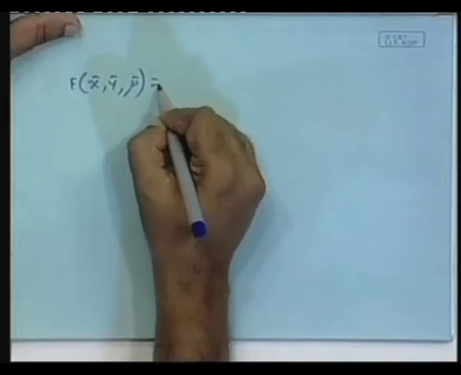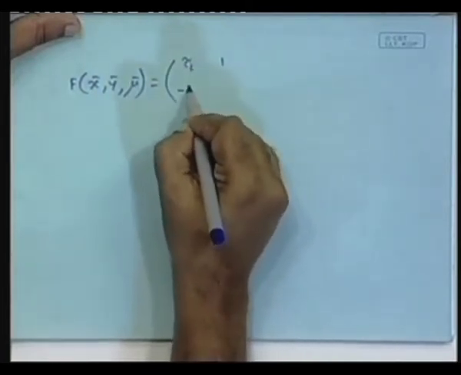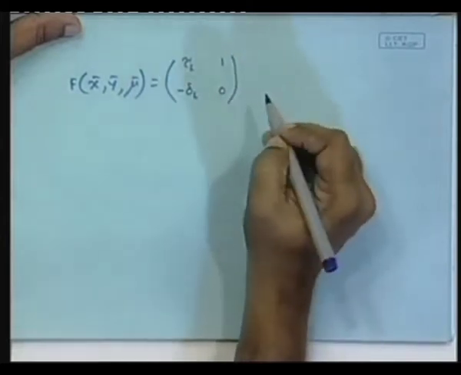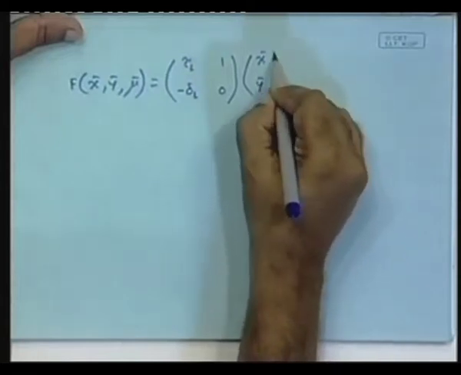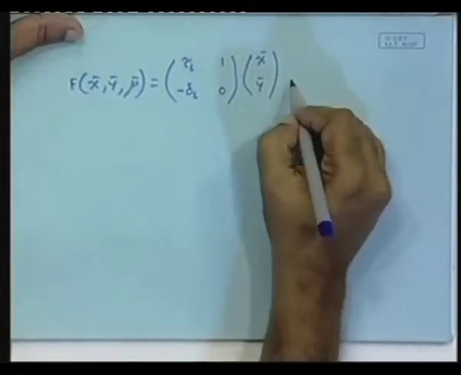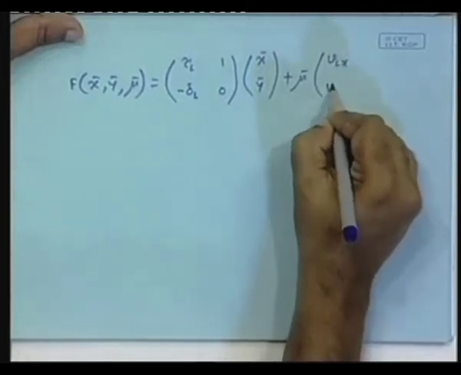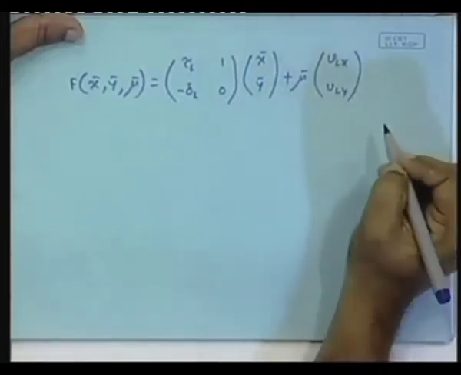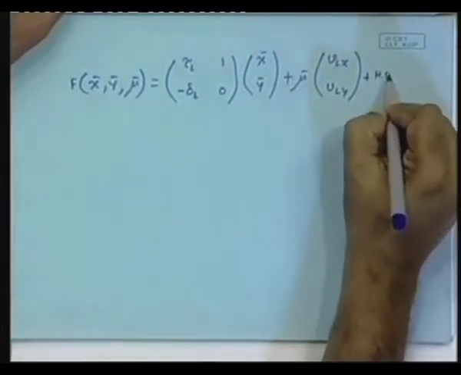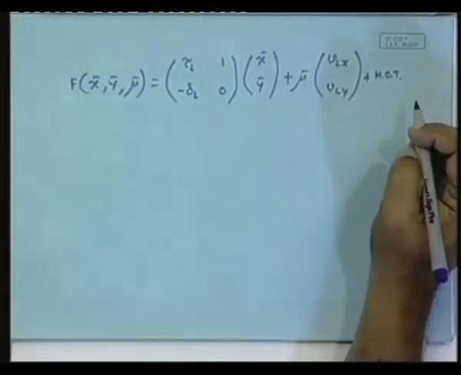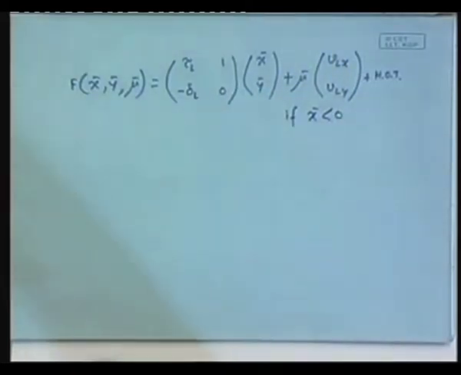So we have now arrived at this equation for the left hand side only: f of x bar, y bar, mu bar is equal to the trace and minus determinant matrix times x bar, y bar, plus mu bar times VL x, VL y, plus the higher order terms, which we can ignore for now. This is if x bar less than 0.